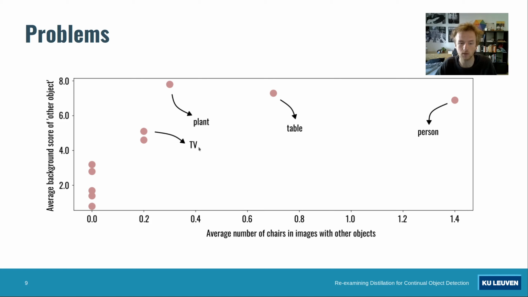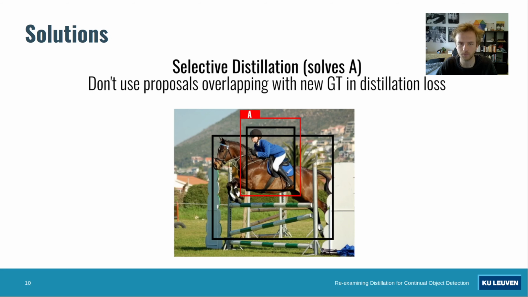We see in particular that the TV, the plant, and the table, which are the categories that weren't properly learned, occur more frequently with chairs and thus have a higher background score or a higher score for a different class, the wrong class. The person is the outlier here, but since there are so many persons in the second task, it's about 50% of the second task, the model is still able to overcome the wrong classifications and the wrong predictions of the teacher model.